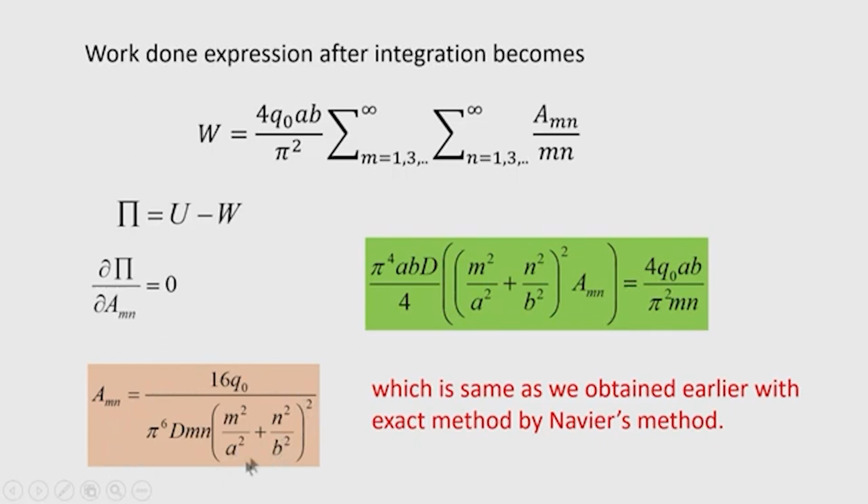That is well known to us, because in Navier's method, when we solved the differential equation of the plate using the double trigonometrical series, we got the same expression. In that case, the force boundary conditions as well as the geometrical boundary conditions are satisfied using the double trigonometrical series, and therefore it yields the exact solution.